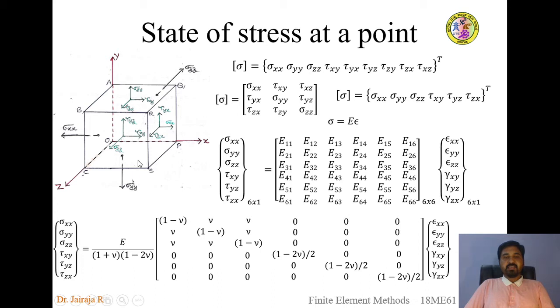From 3D stress strain relations, we can obtain this equation: sigma xx, sigma yy, sigma zz, tau xy, tau yz, tau zx is equal to E divided by (1 plus mu)(1 minus 2 mu), times the matrix with rows: 1 minus mu, mu, mu, 0, 0, 0; mu, 1 minus mu, mu, 0, 0, 0; mu, mu, 1 minus mu, 0, 0, 0; then three diagonal terms each (1 minus 2 mu) divided by 2, multiplied by epsilon xx, epsilon yy, epsilon zz, gamma xy, gamma yz, gamma zx.